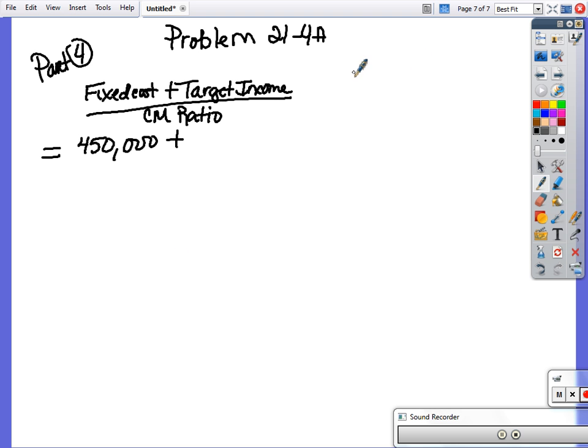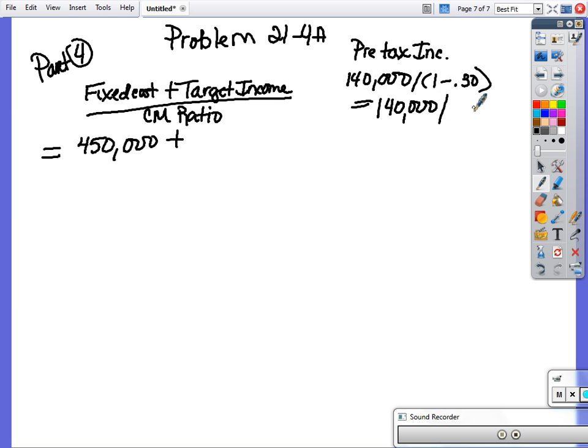They give us after-tax income, that's 140. And what else should you do to this 140? You gotta divide by 1 minus the tax rate. What's the tax rate? 30%. 0.30. What do you get? 140 divided by 0.7.